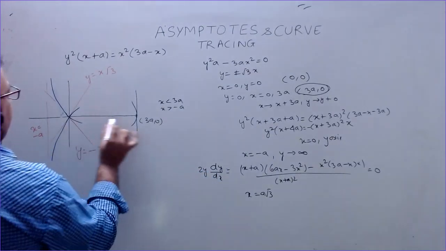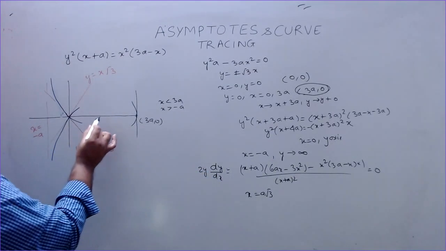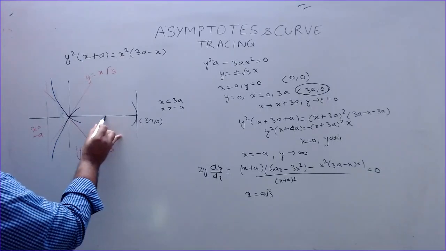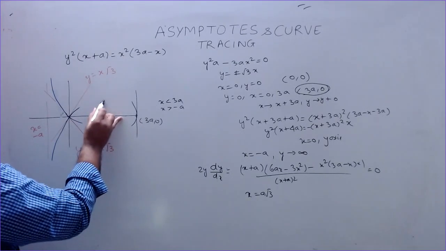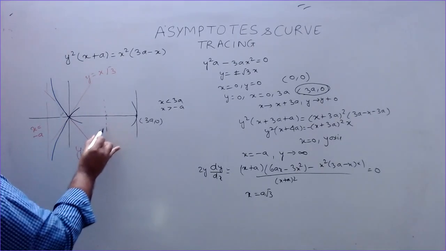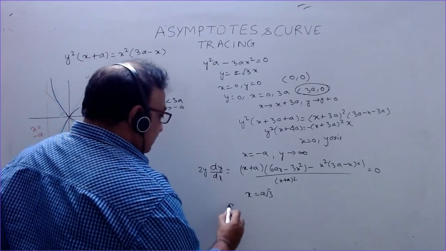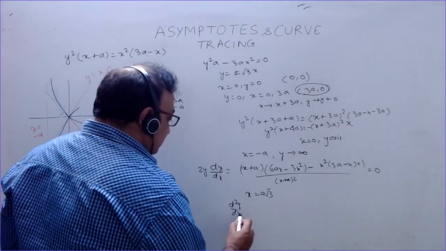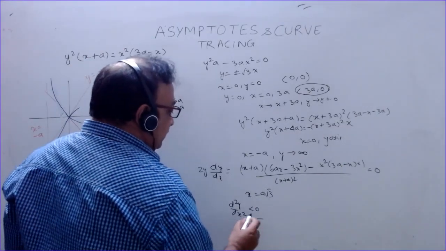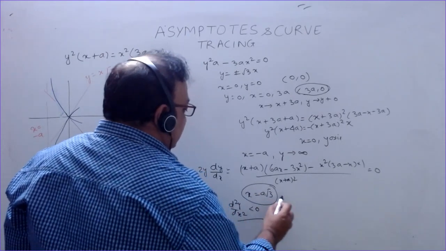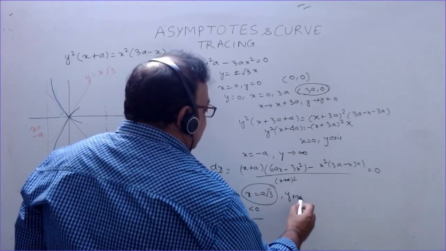So this is 3a, a root 3 is 1.73a, around half of this approximately. At this point, if you check the second derivative, it is negative, which means y is maximum.